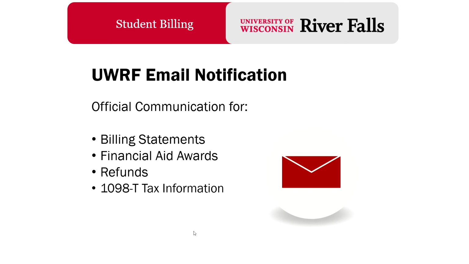If they're due a refund, they'll get an email that it has processed. And all 1098-T tax information, we notify them when things are available through email. So I would encourage students to get in the habit of checking their email at least weekly so that they can be in the know about things pertaining to their account.